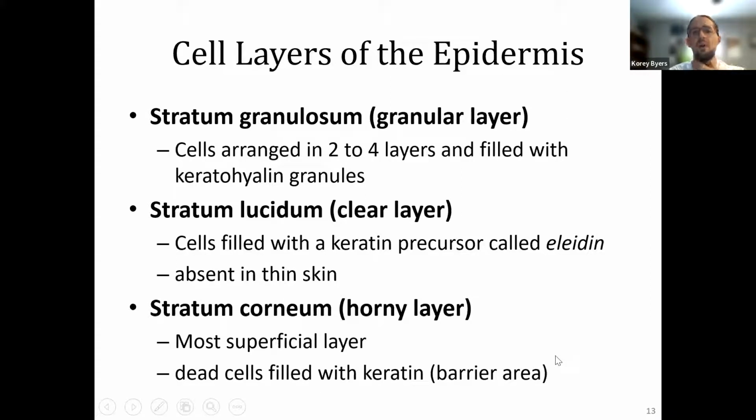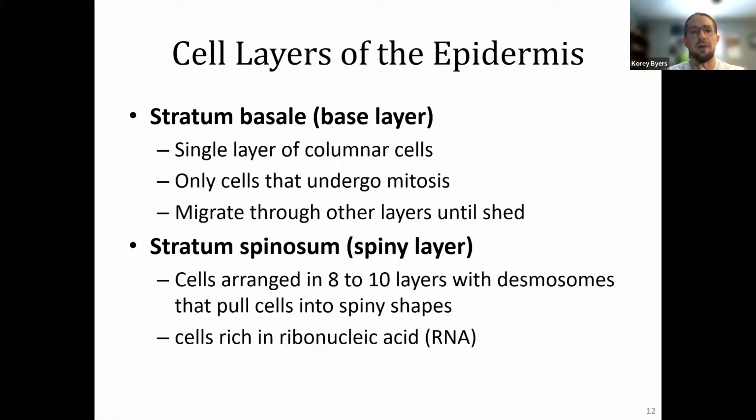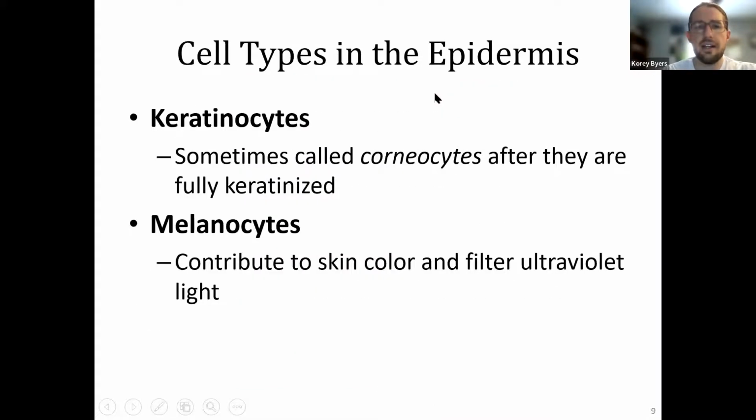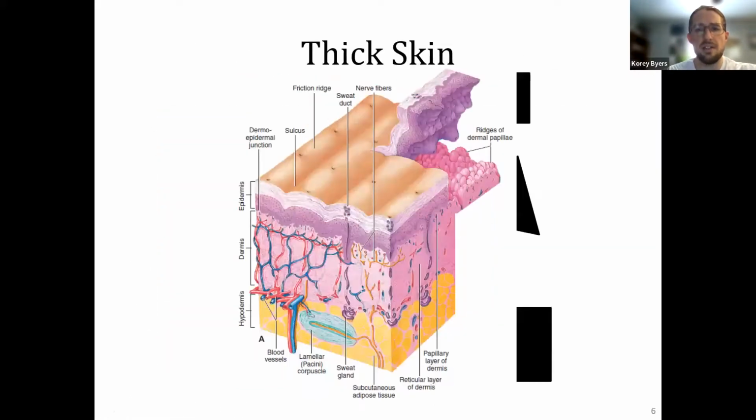And so at this point, all of your cells, let me go back. As we've worked our way up, so here, epidermis, stratum basale, stratum spinosum, and then we work our way up even further. And so if we're in this layer, no nuclei, that's that flaky layer. Let's go back to the histology slide.